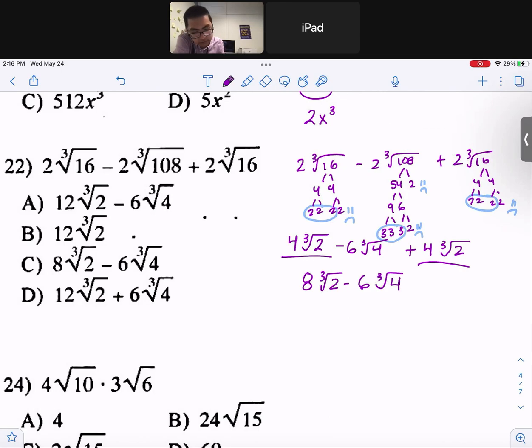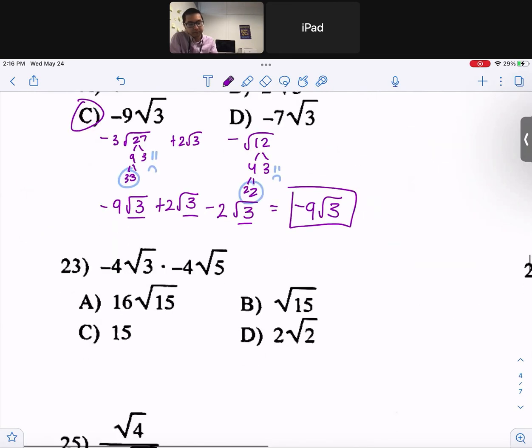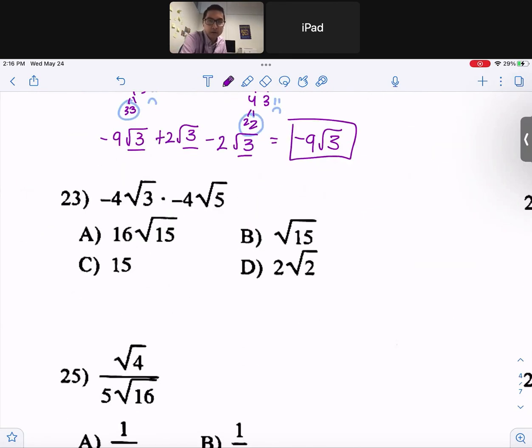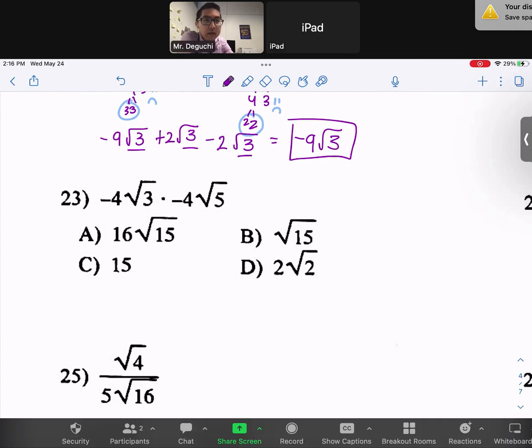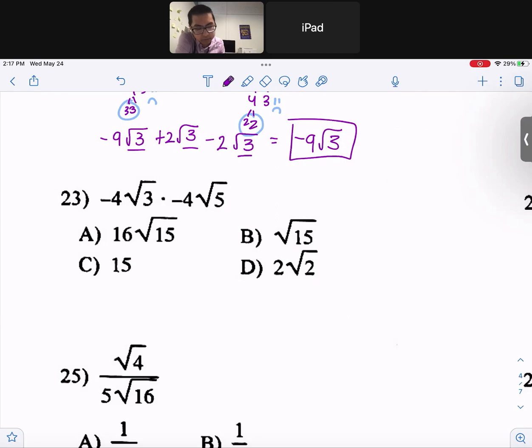So that means it's going to be C. 23. This is just multiplication, so you multiply outside times outside and inside times inside. So for us, it's going to be negative 4 times negative 4 for 16, and then 3 times 5 is 15. This can't simplify anymore, so it'd just be A.